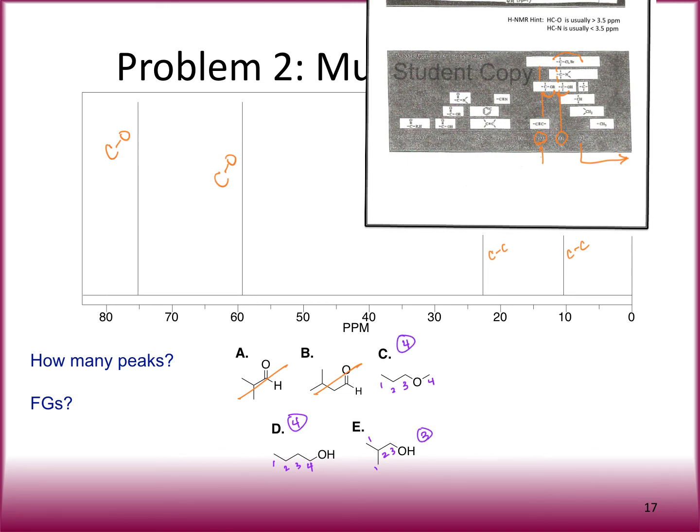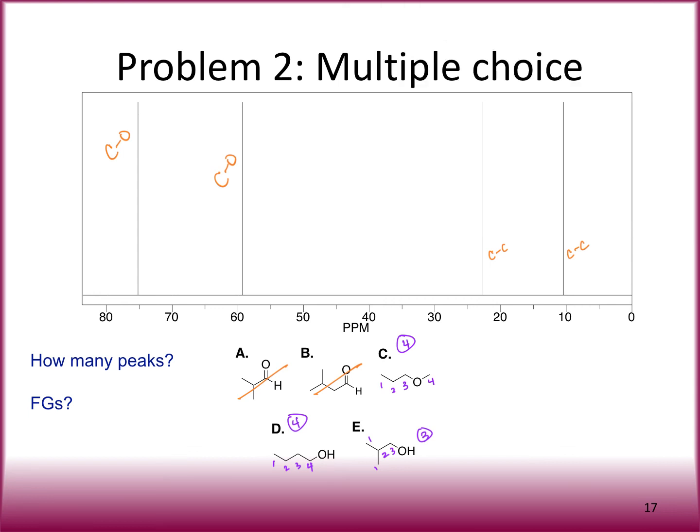So how many peaks do we have on our spectra? Let me make this handout go away. There we go. All right, so here there's not any peaks that look thick, so we're just going to count them. So how many do we have? Just 4, right? So I know it's not E, so that's another one I can cancel out. So now I have to figure out based on the functional groups mixed with the number of peaks.